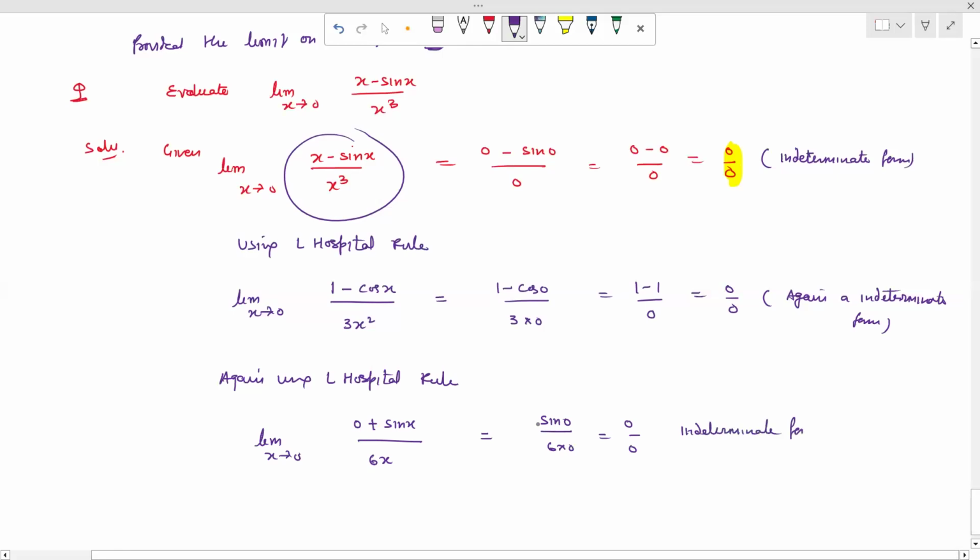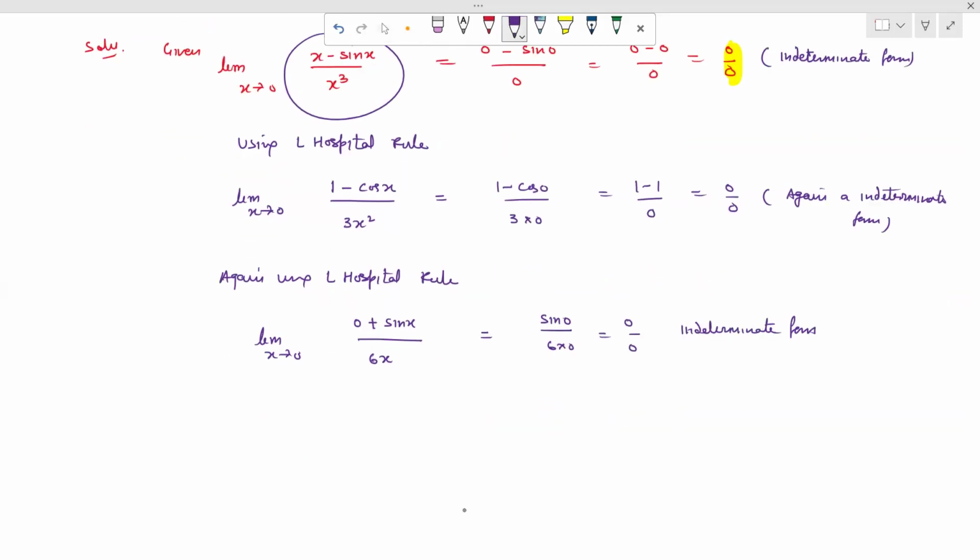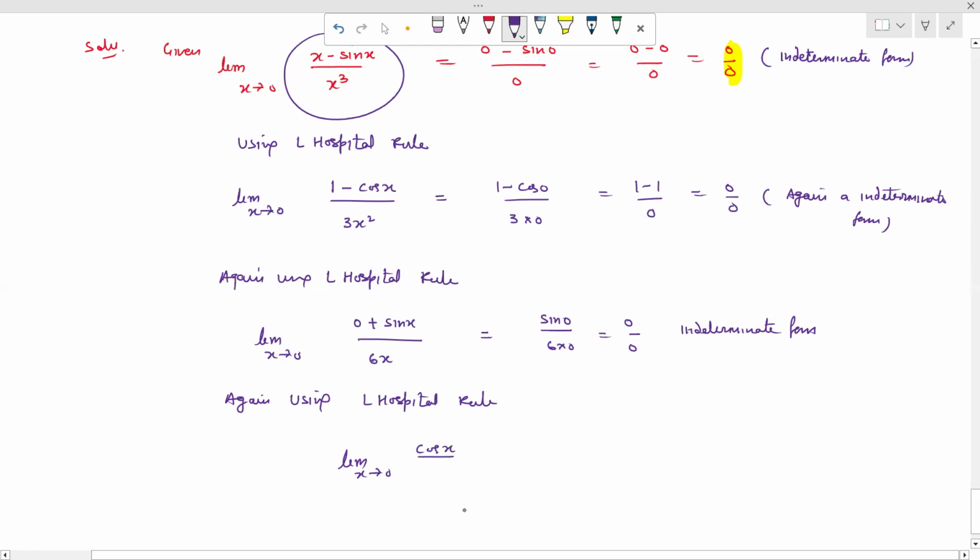So again we apply L'Hospital: differentiate the numerator and the denominator. The differentiation of sin x is cos x, and the differentiation of 6x is 6. Now we apply the limit: cos 0 upon 6. Cos 0 is 1, so 1 upon 6. This is the answer, 1 upon 6.